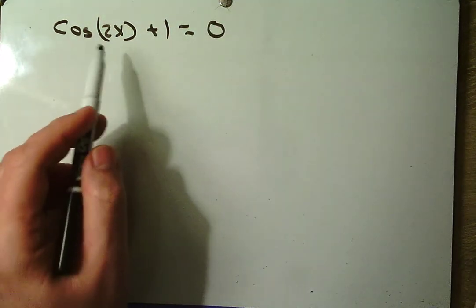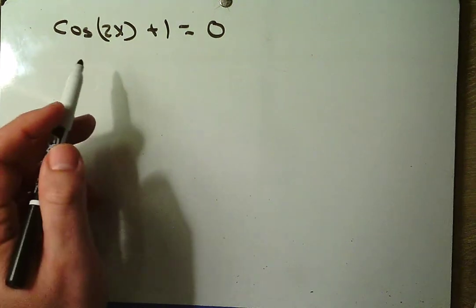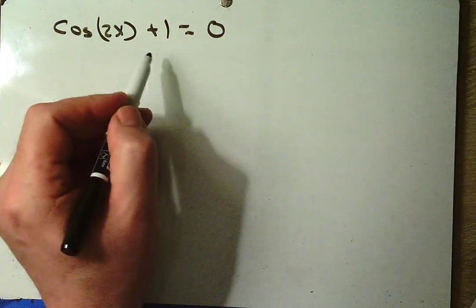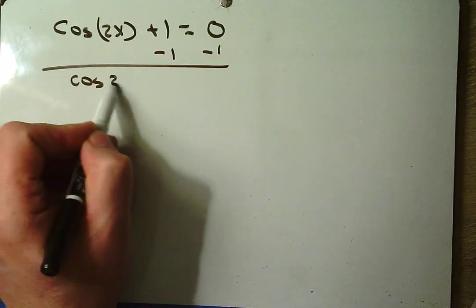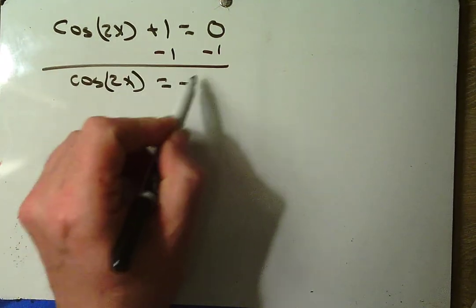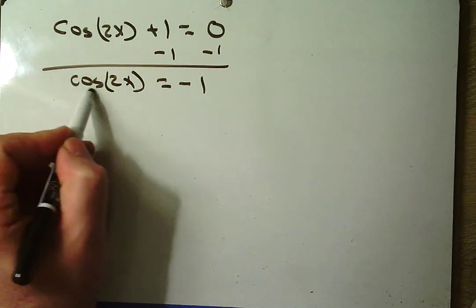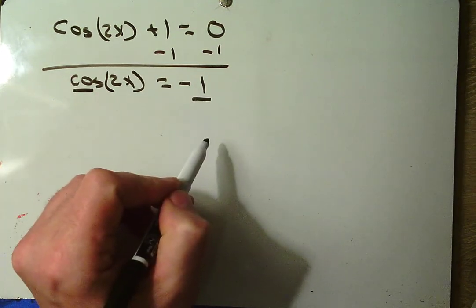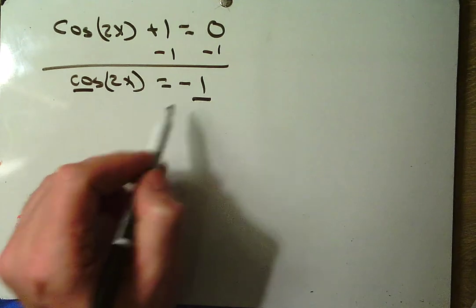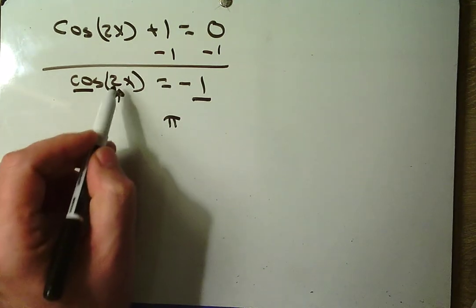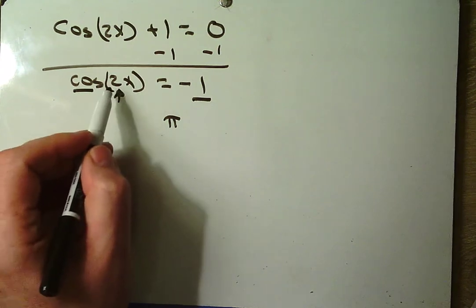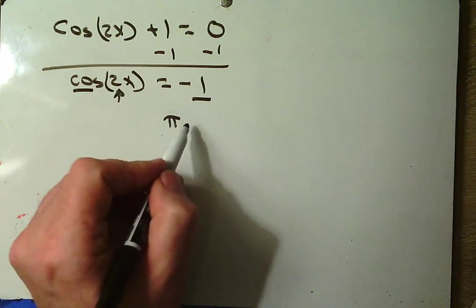I'm doing this like we did in section 5.3, where I'm just going to subtract 1 from both sides and get cosine 2x equals negative 1. And I'm going to say, when is cosine negative 1? Well, that happens at pi, but because of this number, I'm going to go around the unit circle that many times, picking up solutions.